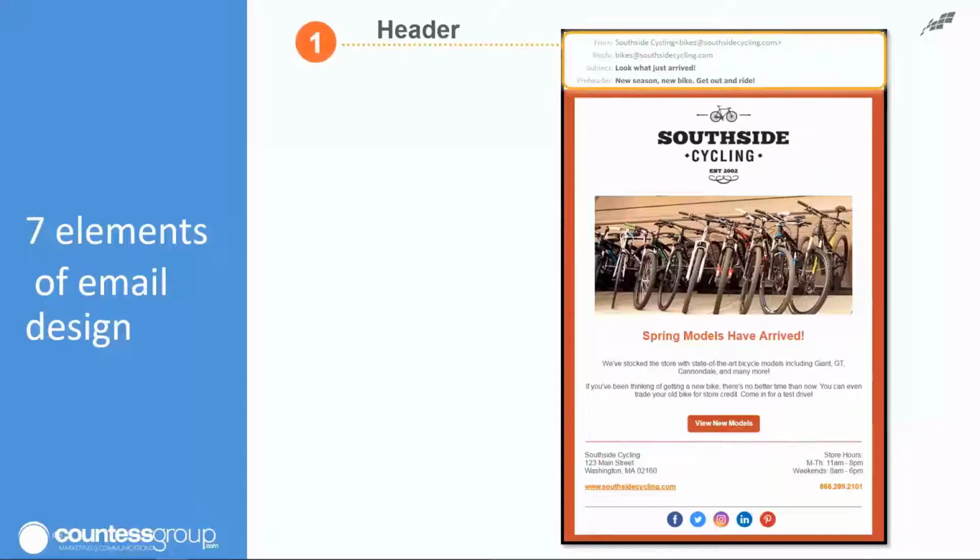It's the very first thing that someone sees in the inbox. This lets them know who the email is from, who to respond to, and what it's about. Second is the pre-header, which is a line of text that appears beneath or after the subject line in the inbox. And that's the first thing someone reads after your subject line.